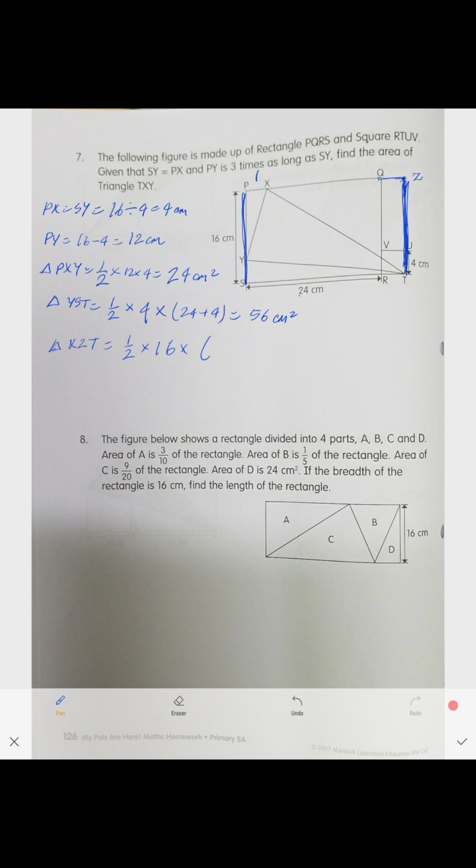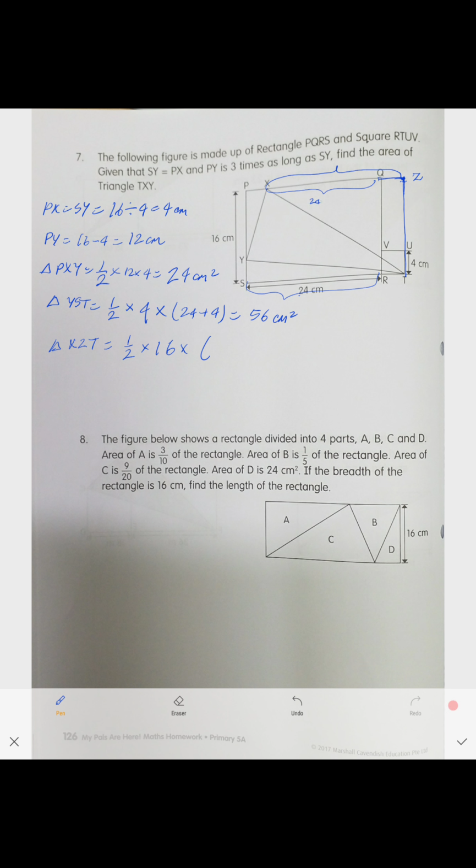We need to find. All right, I'm going to erase this thing. We are trying to understand how much this is. So we know that this one is 24. So this one here is this one minus this small piece.